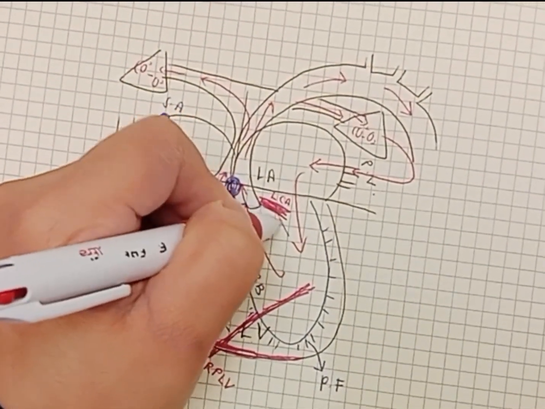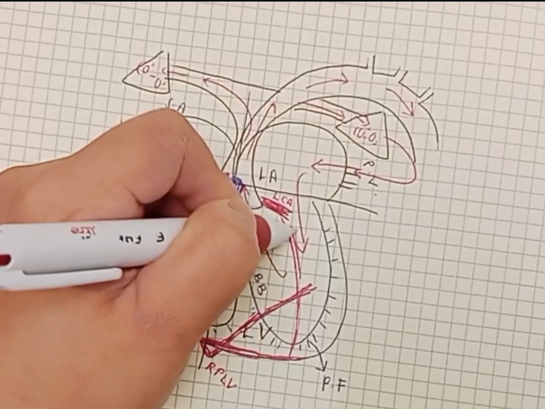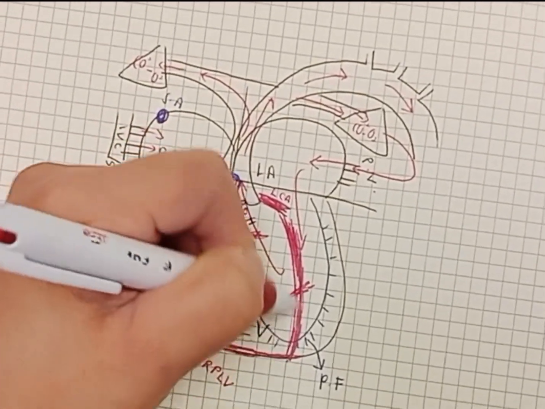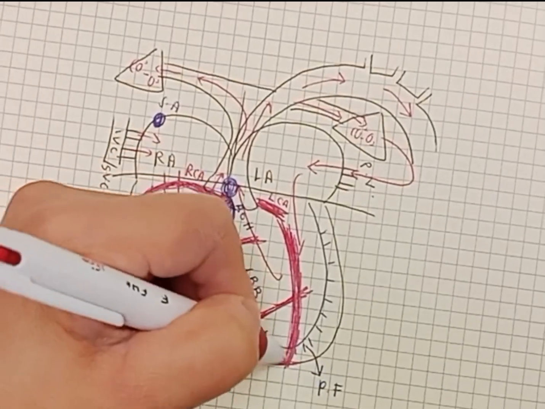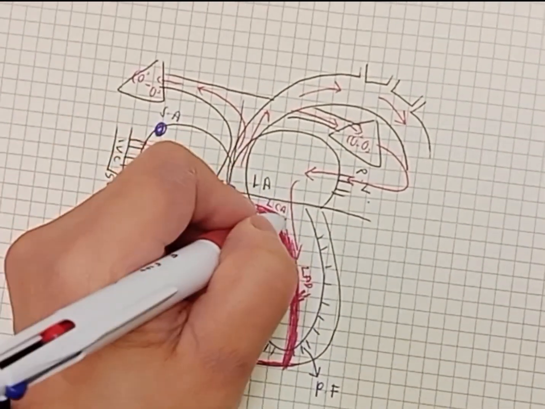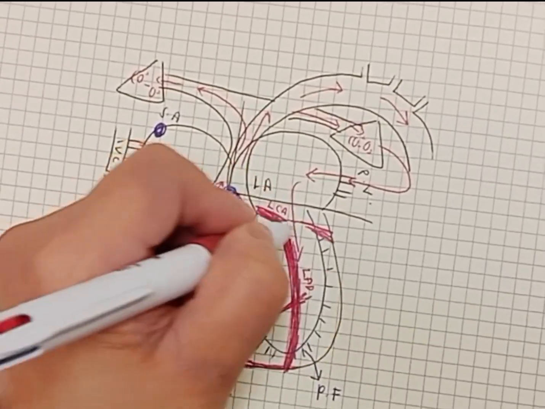Here is the left main coronary artery. This is the LAD, left anterior descending, and this is the circumflex.